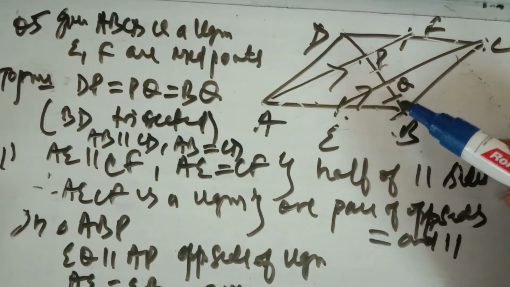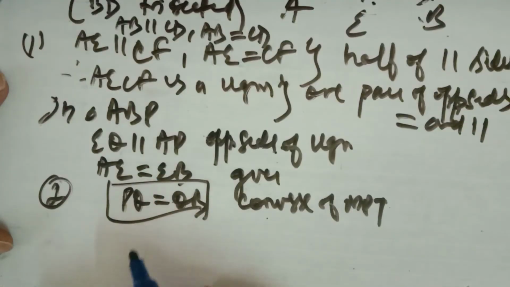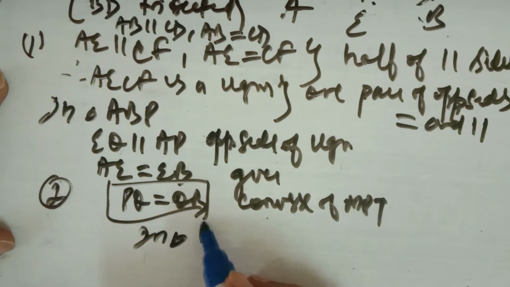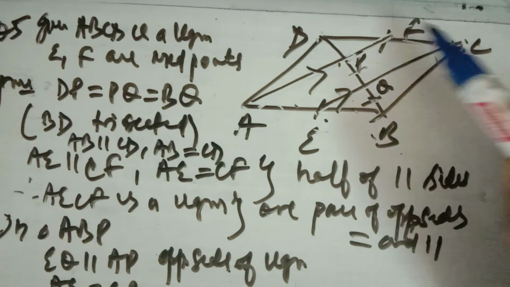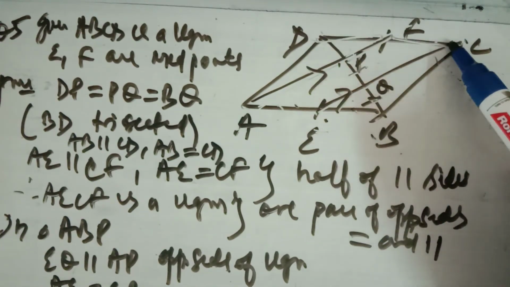Now in triangle DQC, see it carefully, PF is parallel to QC, opposite sides of the parallelogram, and DF is equal to FC, it is given.